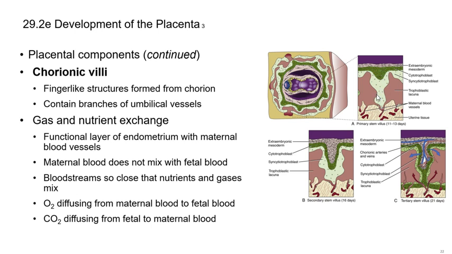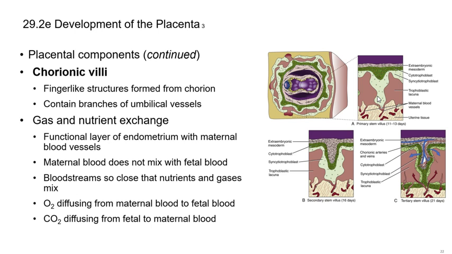this is going to form these villi that allow for the exchange of material between fetal circulation and maternal circulation. So think oxygen, carbon dioxide, nutrients, waste products, all of those things are going to be moving in specific directions. And think about the direction that those things are going to move based on what they are, right?